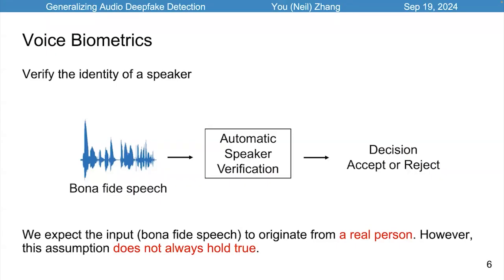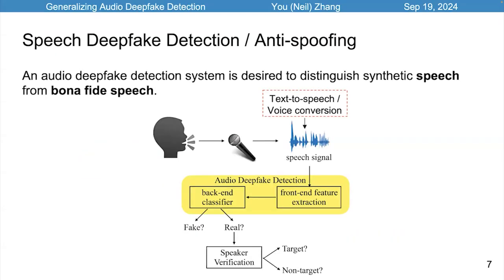However, when deepfakes come, they can also pass the speaker verification, so this assumption does not hold true anymore. That's why we need another system. We call it a deepfake detection system or anti-spoofing system to detect whether the input is from a real human or not. So the whole pipeline is like this.